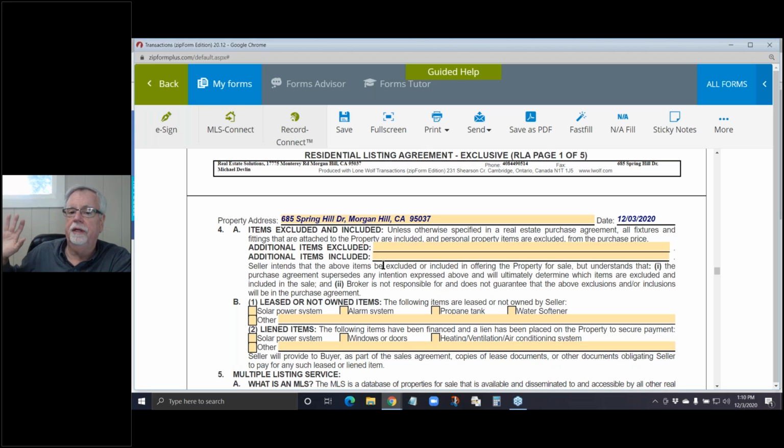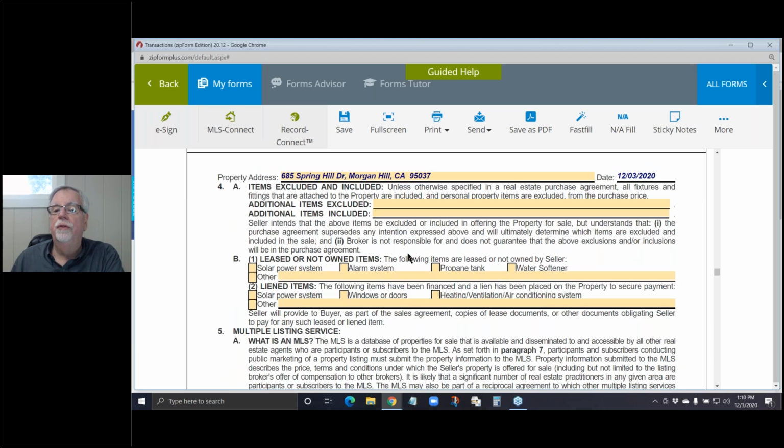You don't get the chandelier in the dining room, you don't get the original Monet on the wall, whatever. But you just need to know, and this is what it says here, that the purchase agreement supersedes any intention expressed above, right? You see that the purchase agreement is the one that's going to control what they get.